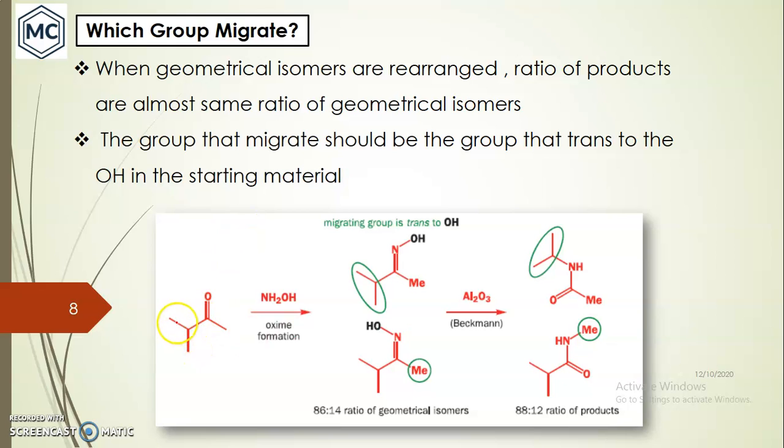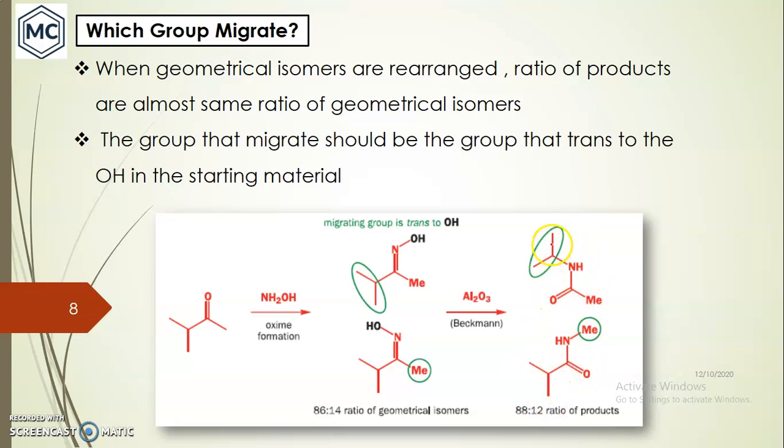And another example, you can see it here. This is an oxime formation, and in this first case, you can see that isopropyl is trans to this hydroxyl, and methyl is trans to this hydroxyl in the second geometrical isomer. And the ratio of these stereoisomers is 86 to 14. And in the presence of aluminum oxide, the Beckmann rearrangement gives the product like this.